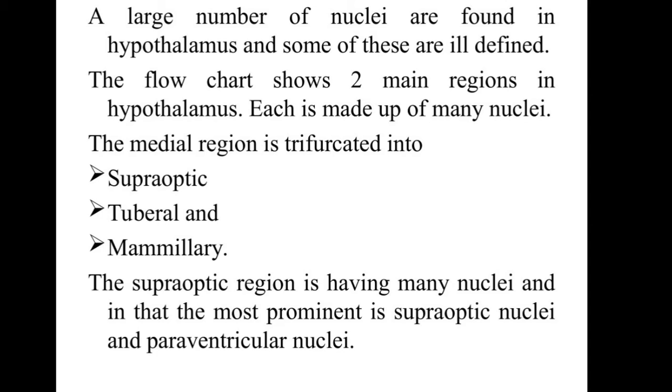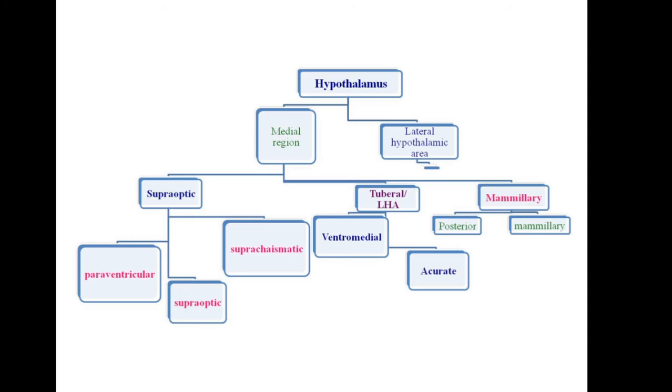Please note it down. It is paraventricular nuclei. Okay. So this flowchart explains very clearly that medial region is again divided into supraoptic, tuberal and mammillary region. Supraoptic is again divided into 3: paraventricular, supraoptic and suprachiasmatic. Okay.